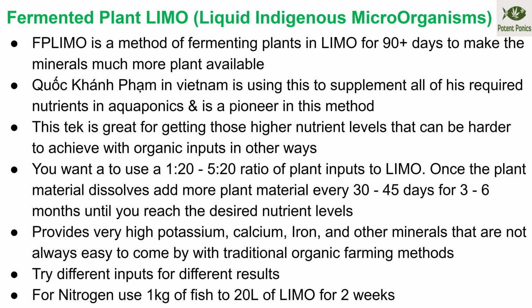Now after 90 days, you're going to have a plant material that's organic, in a liquid solution, that's equivalent to the parts per million of many of the off-the-store-shelf products that you would get from Athena or from General Hydroponics or any of those other companies, in terms of iron content, calcium, potassium, manganese. If you want to do a true one-to-one replacement that's organic, this is the way to do it.